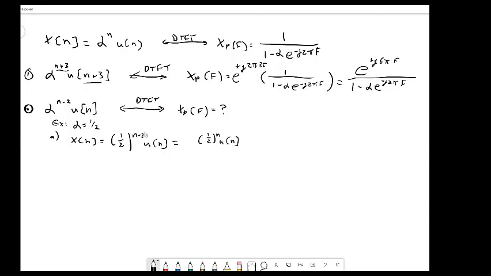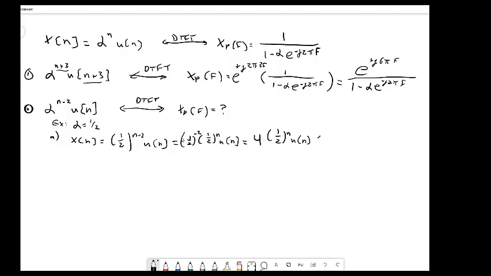But I can't just ignore this. I have another factor that's 1/2 to the minus 2 out in front. And fortunately for me, this is just a numeric constant. So 1/2 to the minus 2, the minus sign flips this over to 2. The squared term makes it 4. So this is equivalent to 4 times 1/2 to the n u of n.